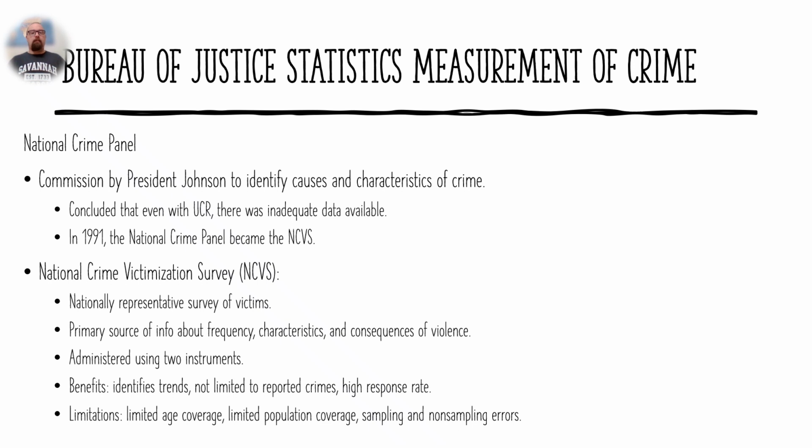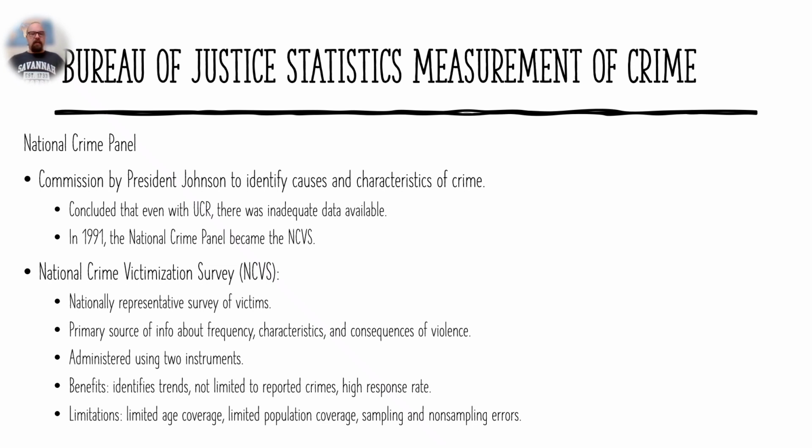You can read more about the NCVS in your text. However, I will say that crimes are classified into 2 categories: those that are against person and those that are against households. So you see us, like most of these tools, kind of subcategorize crime, and it's typically 2 different categories.